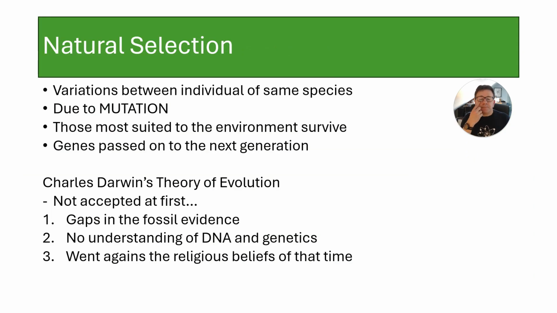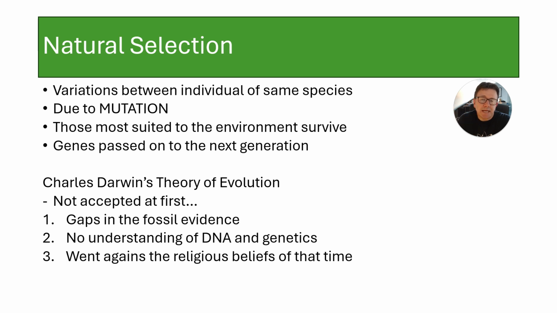Natural selection. So Darwin, you need to know about Darwin's theory of evolution, theory of natural selection, sorry. There is variation between individuals of the same species. There are random mutations, which mean that some individuals have an advantage and are therefore more suited to survive in a particular environment.